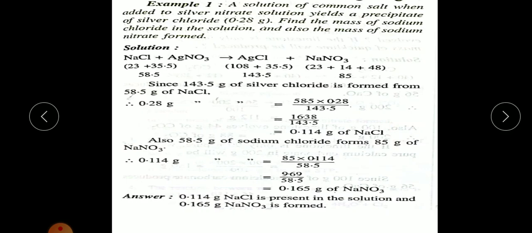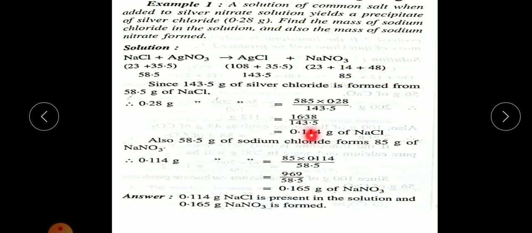Similarly for the second, also find the mass of sodium nitrate formed. Now we came to know that the sodium chloride used is 0.114 gram. Now from this what you can say, 58.5 gram of sodium chloride forms what? 85 gram of sodium nitrate. This is from the equation only.